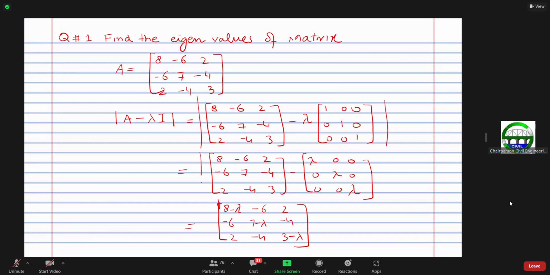The determinant. So how will you find the determinant of this one? Can anyone calculate the determinant of this one? Anyone? Okay, it is easy to calculate the determinant.